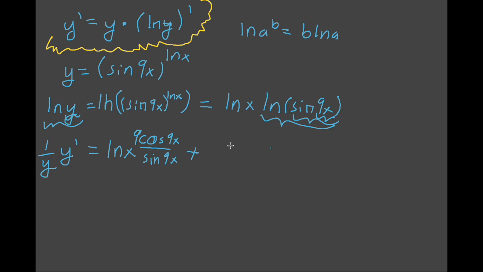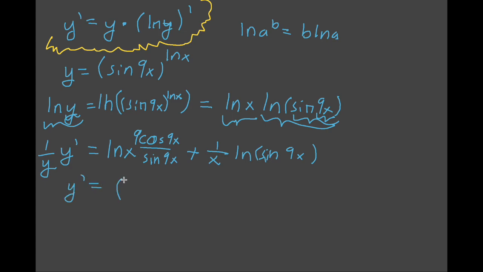And then we'll have plus ln of x, that will just end up 1 over x, multiplied by this whole mess, so ln of sine of 9x. And then we multiply both sides by y, so that we can isolate our y prime.